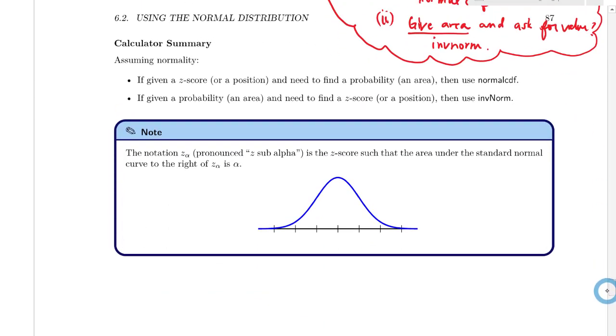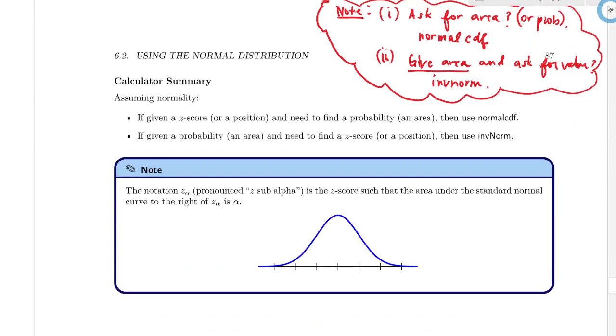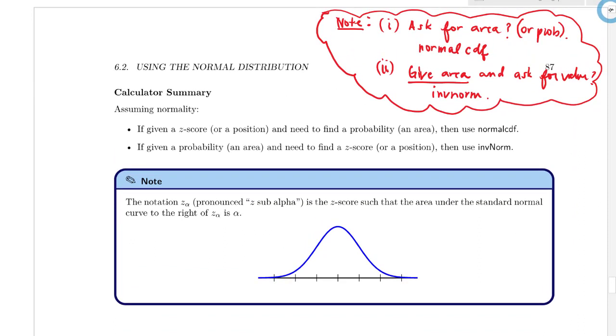So in a nutshell, if we go down to the very last page, essentially what it's saying is, because we're using z-scores for area, an area given a distribution with normal CDF and invnorm, how do we represent it?